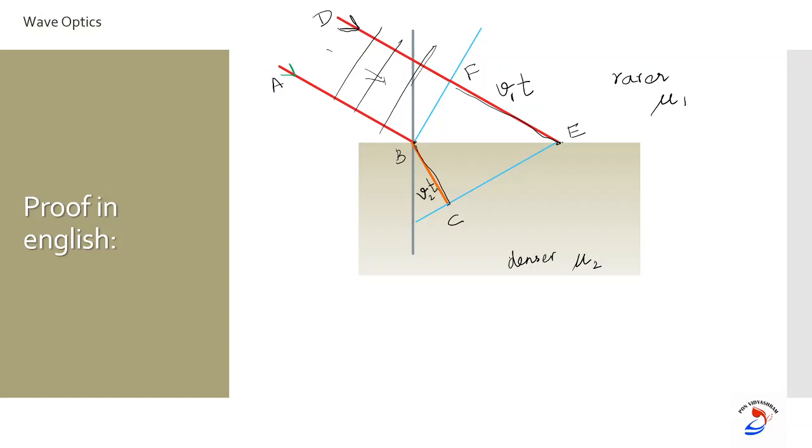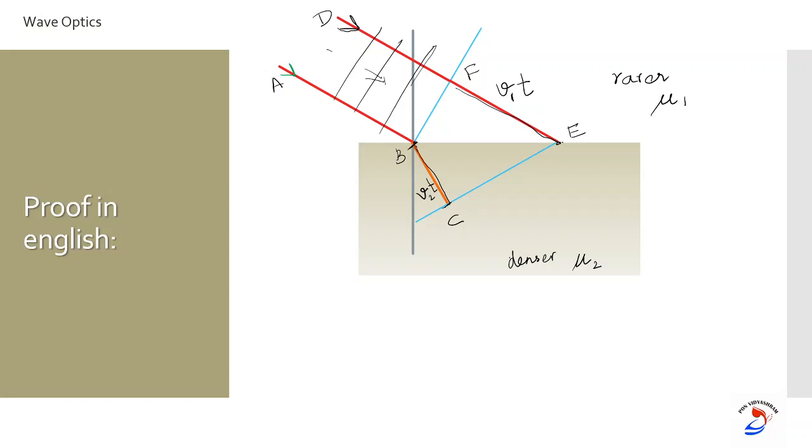So the distance traveled is v1t, and the distance traveled inside the denser medium, which is B to C, is v2t. The velocity of light changes in a denser medium, isn't it? So that's why I have two different velocities here, v1 and v2.